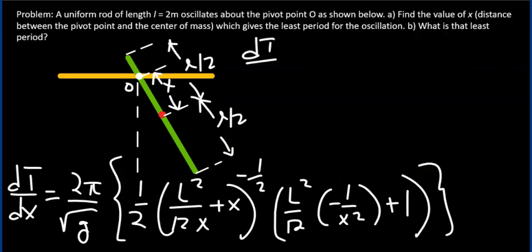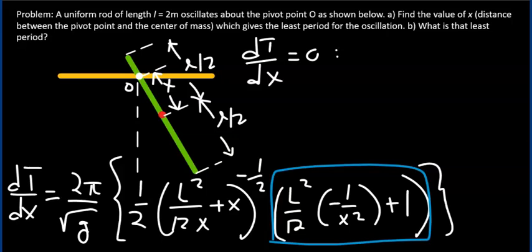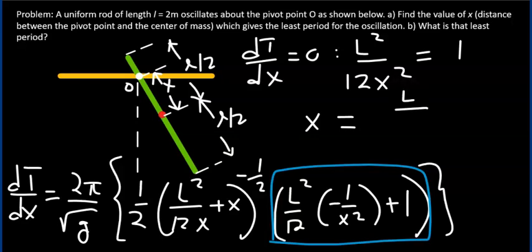Setting dT/dx to 0, meaning we can set this term to 0. So that means you have L²/12x² equals 1, and you can solve for x. That makes dT/dx 0, and it will be L over square root 12.